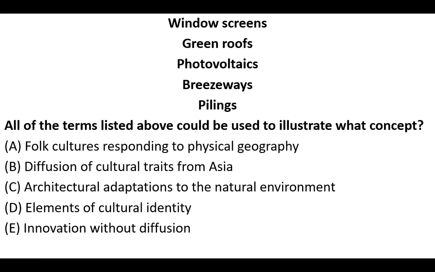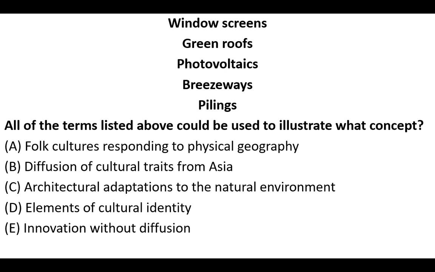Window screens, breezeways. A breezeway is what you make when you don't have air conditioning. Imagine there are a lot of patios in New Orleans, where it's really hot and humid. Alabama, patios, breezeways. I don't know what the other stuff is.